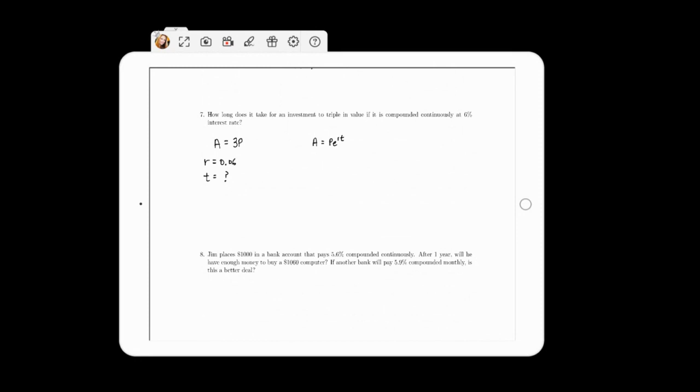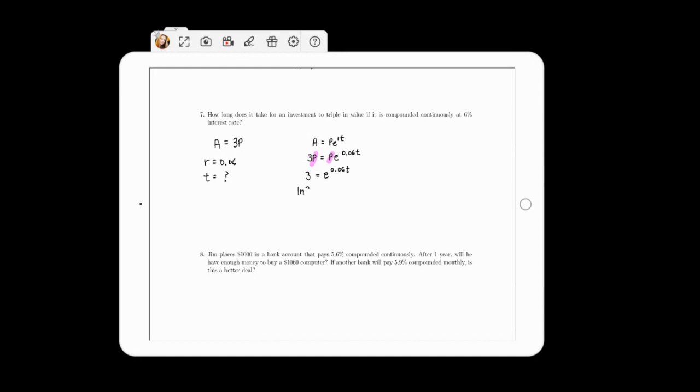Plugging these values in, we will have 3P equals P e to the 0.06t. So because P is multiplied to both sides, we can cancel P. So we have 3 equals e to the 0.06t. To get t out from the exponent, we need to take the log of both sides.